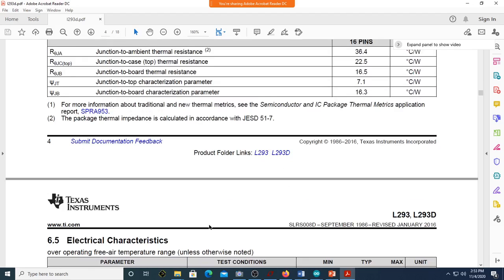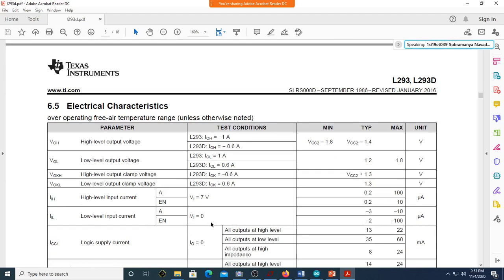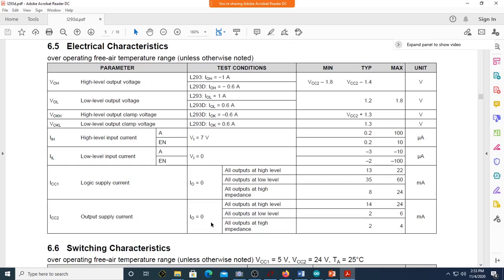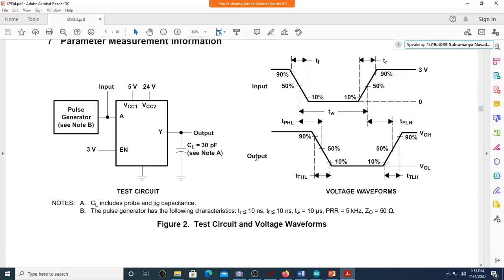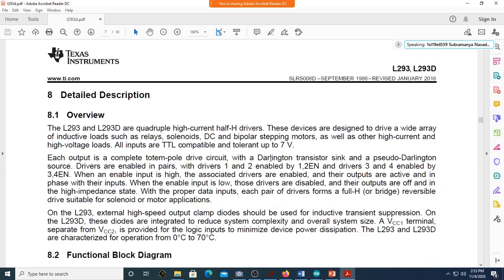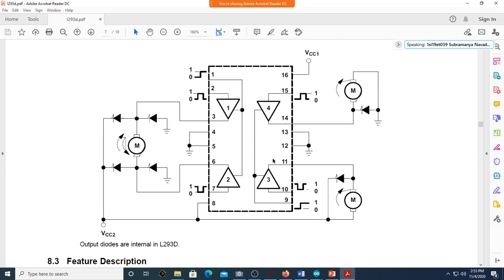Okay, let us go to source and sink. Just try to understand this. Let me show you here so that you can understand.